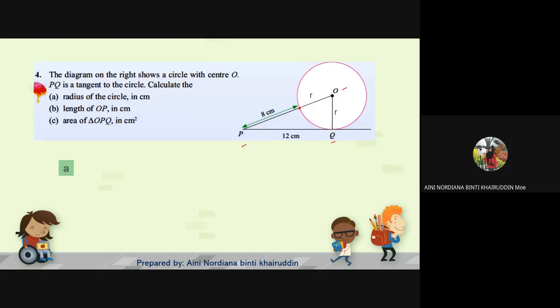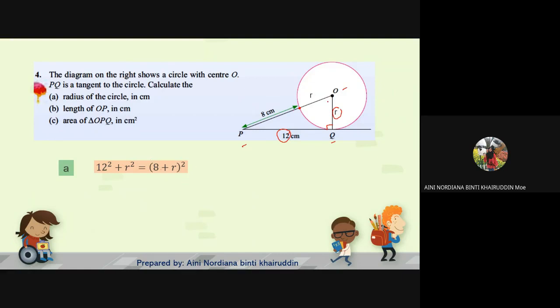Now you can use, since this is 90 degrees, triangle POQ is a right angle triangle, so you can use Pythagoras theorem to calculate R, which is 12 square, this side square, plus the other side, R square, equals hypotenuse.